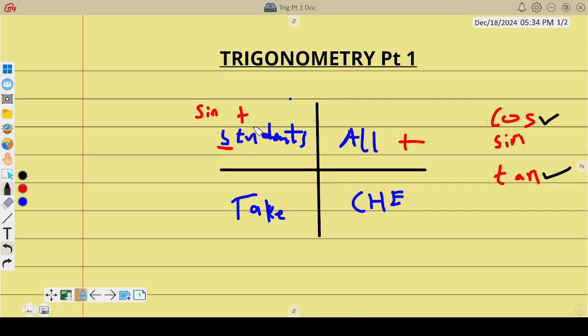So in the second quadrant, only sine is positive, cos and tan, they are negative. And then moving on to the third quadrant, we have tan. T is for take, so T is for tan. So in here, tan is the only one which is positive.